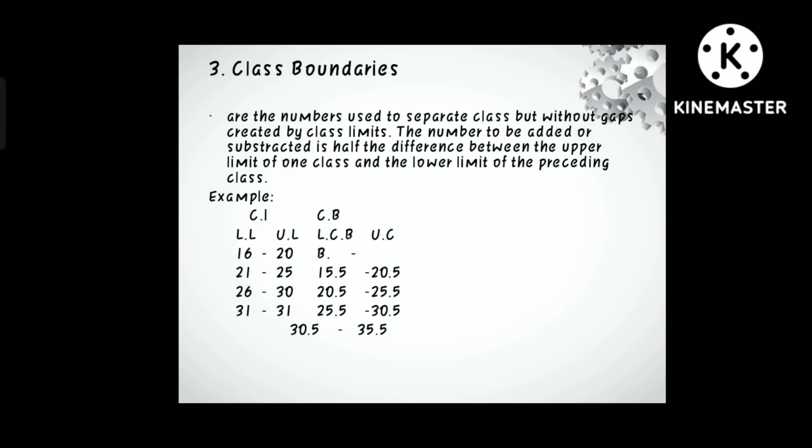Then you add that 0.50 to the upper limits, so you get 20.5, 25.5, 30.5, and 35.5. That is how you get the class boundaries.